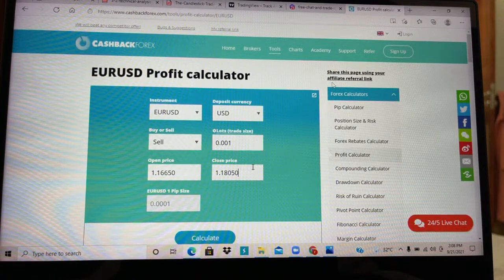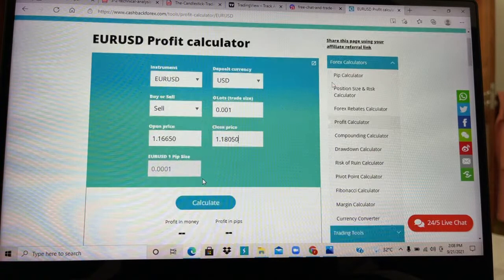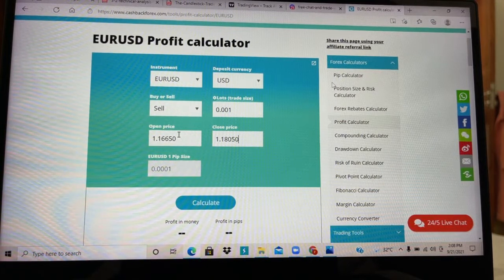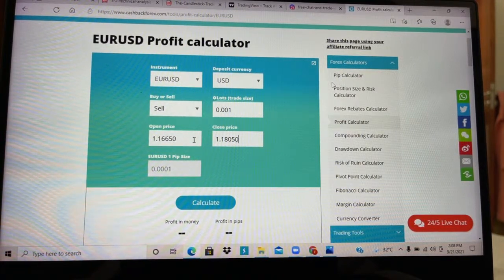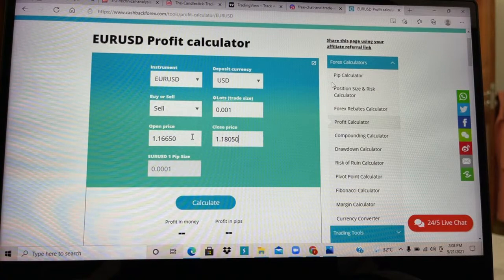Let me just round it off to that amount. So from 650 to 750 would have been 10 points. I think I'm wrong.